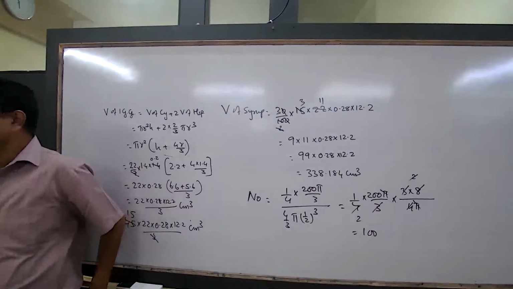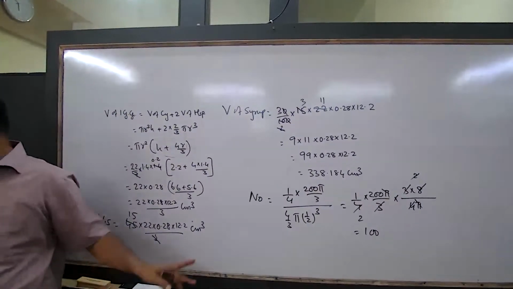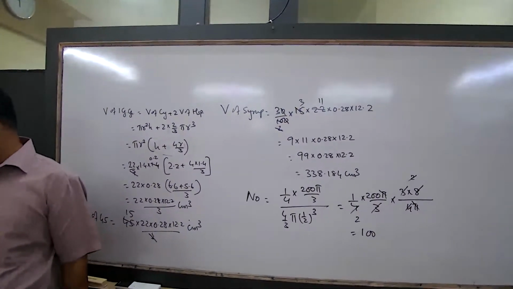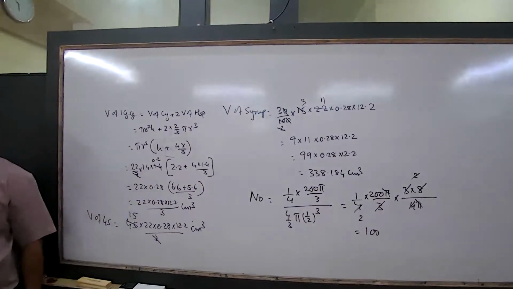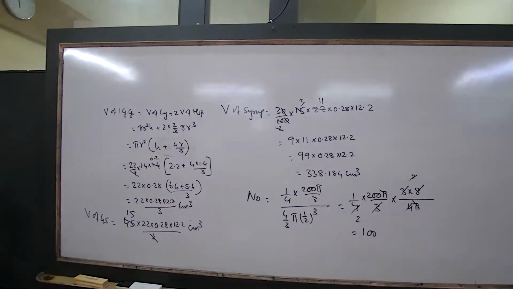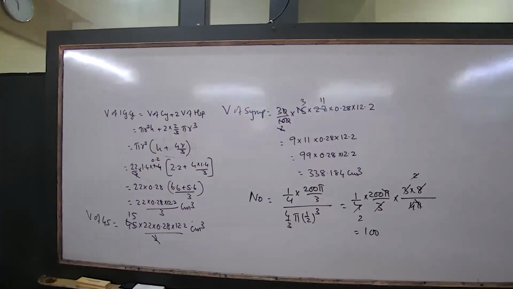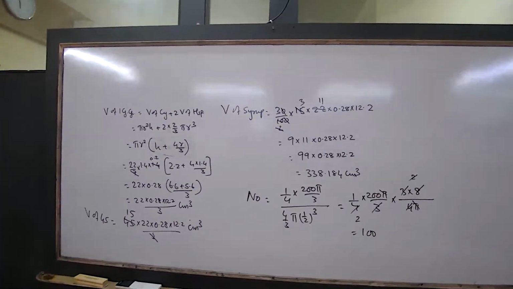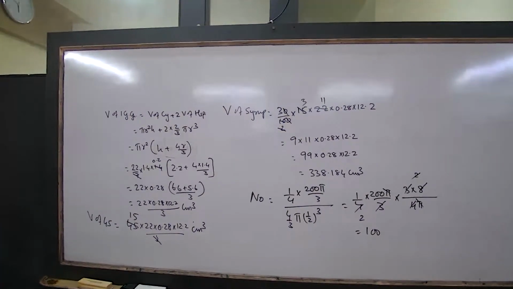Then what? We have to come here. 1/4 you do not multiply. That's why you come here. But the reciprocal is correct now. Where is 1/4?